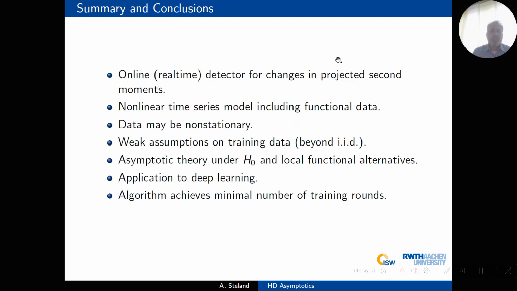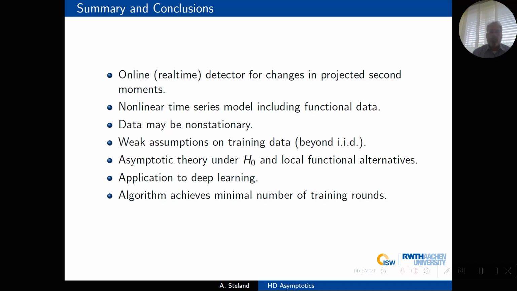So let me conclude. I discussed and proposed online real-time detectors for changes in projected second moments. The theory works for nonlinear time series models, including discretely sampled functional data. The data may be non-stationary, even under the null hypothesis of no change, and even in the training data.